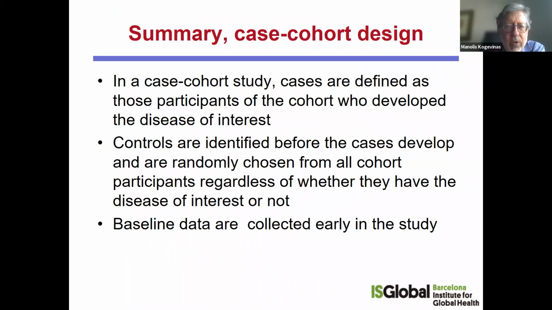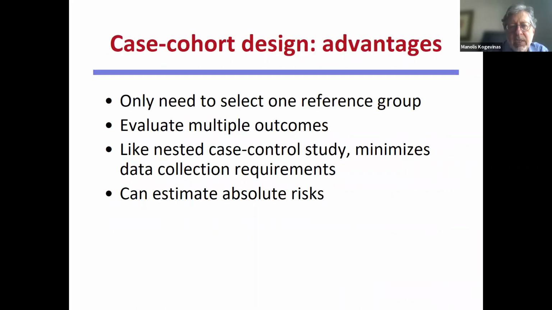And so the summary, the case cohort design: cases are defined as those participants in the cohort who develop the disease of interest. Controls are identified before the cases develop and are randomly chosen from all cohort participants, regardless of whether they have the disease or not. And baseline data are collected early in the study because it's a cohort study.